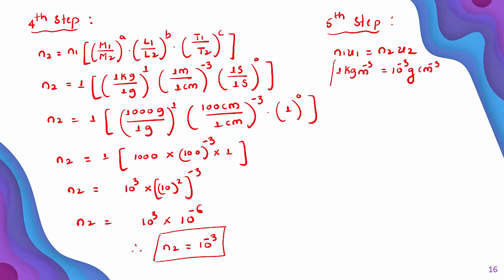So this is the conversion of MKS to CGS for the physical quantity density. 1 kg per meter cube is equal to how many gram per centimeter cube? 10 raised to minus 3 gram per cm cube. So this is all about conversion of density from MKS system to CGS system.